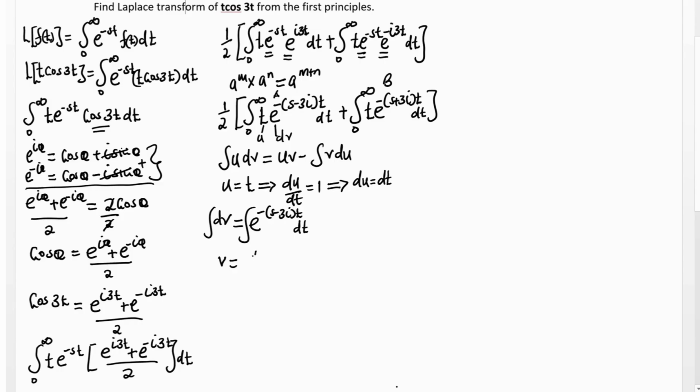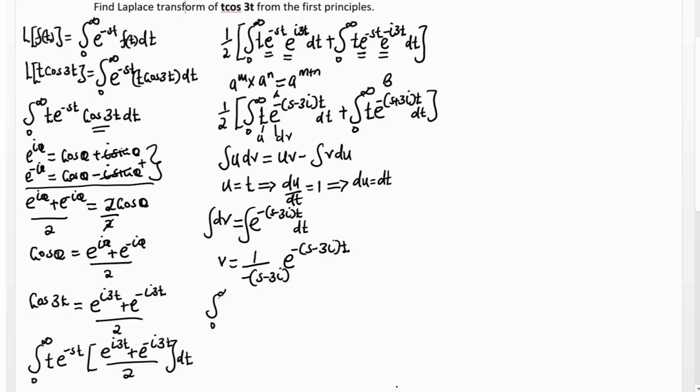So our v is equivalent to 1 all over negative into s minus 3i, e raised to minus s minus 3i into t. So we're going to substitute into our equation part A.